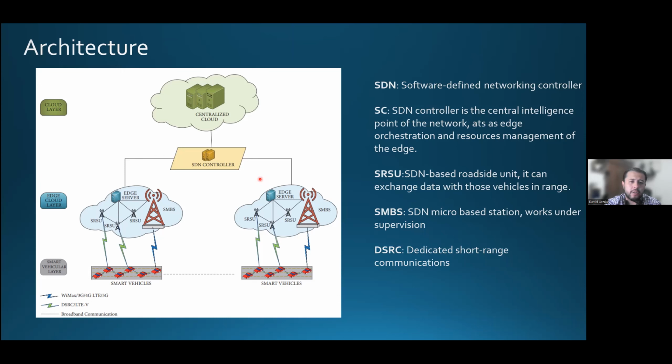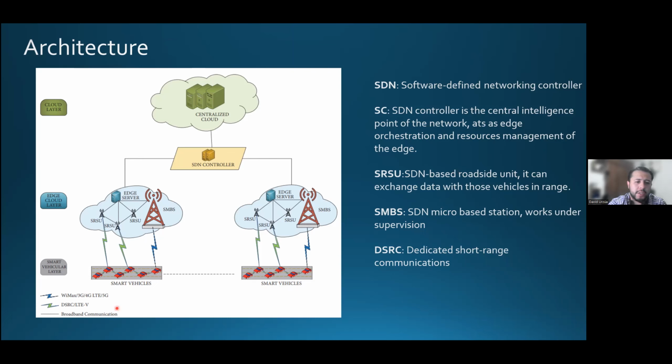Another component is the microbase, the SMBS. It is a microbase and works under the supervision of the SDN controller, the central intelligence of the system and the master orchestration of the resources and communication of all the edge nodes.